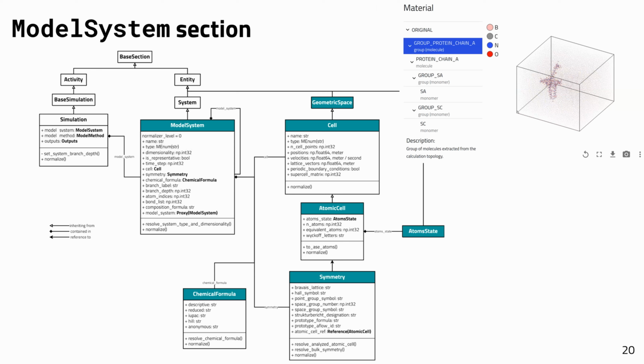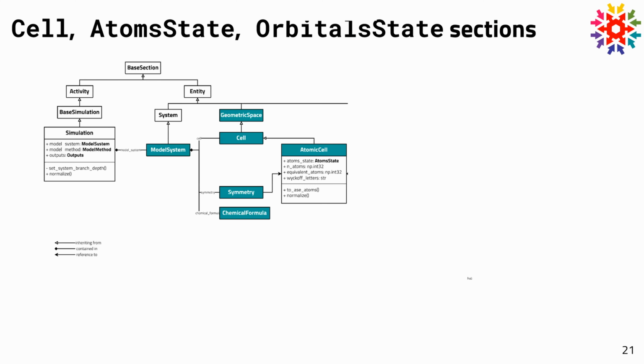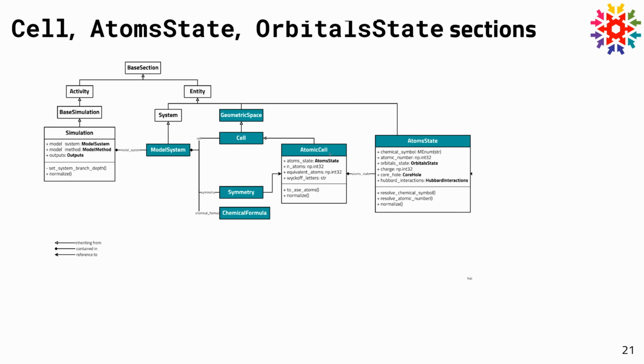And yeah, so right now what I wanted to show you is, in the next slide first, the details of the atoms state, but I'm not going to tell you too much about it. You have this specialized concept of atomic cell. You have a subsection called atoms state, and here is where you specify things like the chemical symbol, the charge, and even information about which kind of orbitals are relevant for the system.